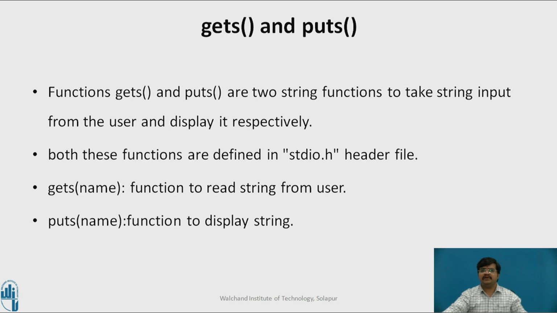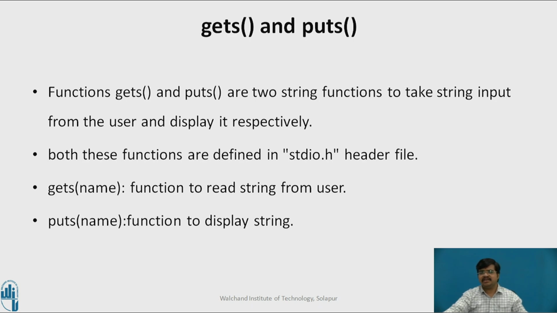Next, the first functions: gets and puts. So gets and puts are the functions used to work with strings. The use of gets and puts is similar to scanf and printf, to take the string input from the user and display it respectively. Both these functions are defined in the stdio.h header file.